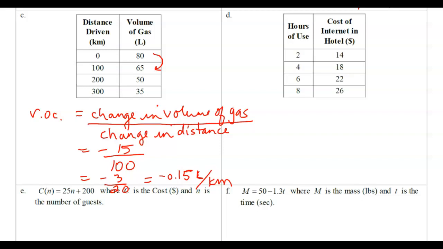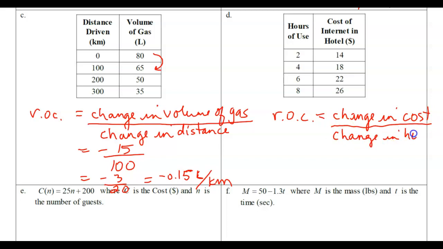Okay, so sometimes if you go traveling, they actually charge you for internet use. So in this case, the rate of change is the change in cost over the change in hours. Okay, so change in cost, we're going up again.